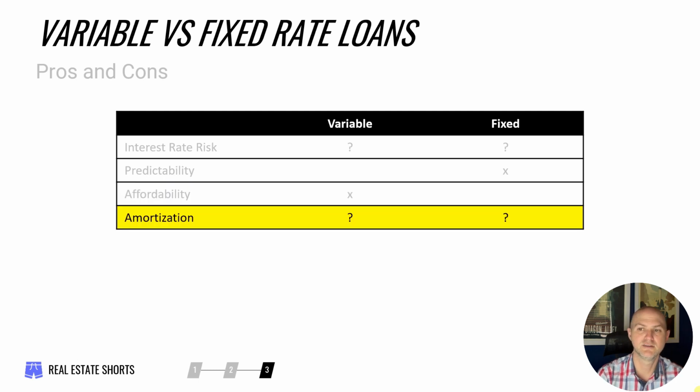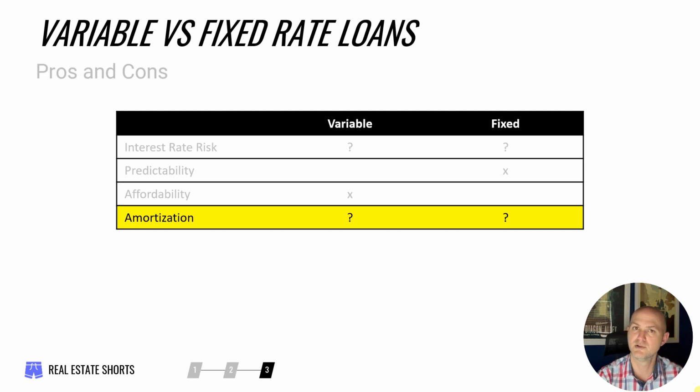And then the last is, what about amortization, right? How do you deal with the loan balance either changing or not changing over time? And again, I put a bit of a question mark here because it's possible for you to almost create an instrument that gives you both. It's possible to have a fixed rate, fully amortizing loan. It's also possible to have a variable rate, partial amortization, or even full amortization, or constant amortization loan.